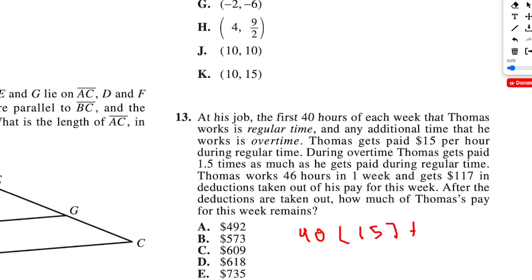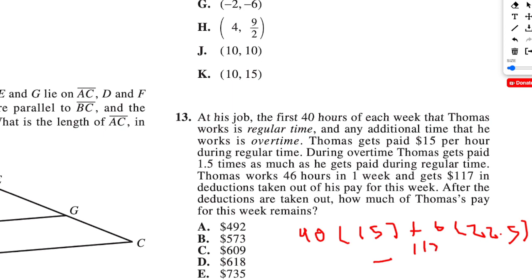Plus, for the remaining hours, which is 6, he will get paid 1.5 times that amount. So it's 1.5 times $15, which he gets for regular time, which is 22.5. And then that's how much money he's gonna make, minus the deduction amount, which it says is 117.